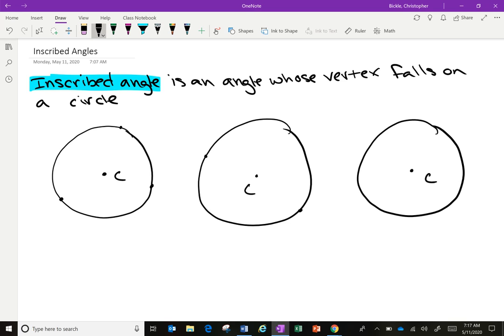So if we had a circle like this first one here, and we thought about having points P, Q, and R, this angle would be an inscribed angle. But this angle PQR would be an inscribed angle because this point Q is the vertex right here. That vertex is on the circle.